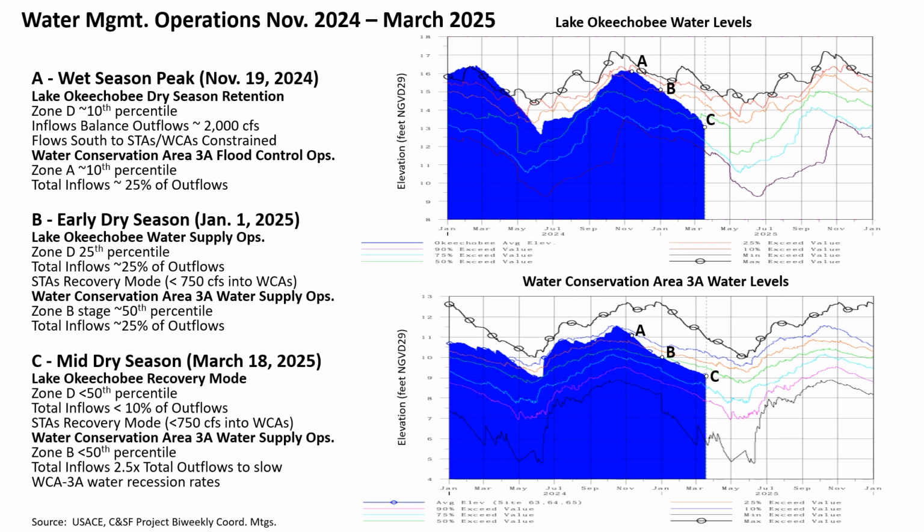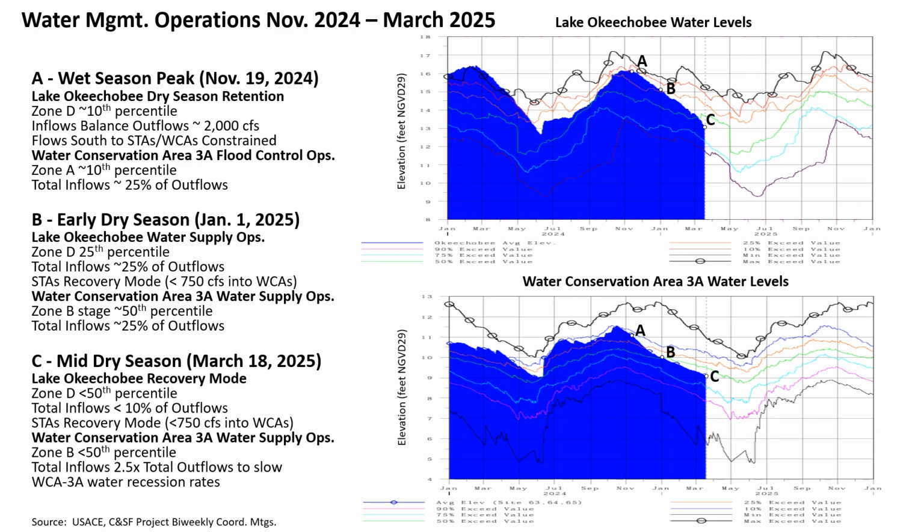Water management operations were forecasting a weak La Nina dry season, and lowering the lake into the recovery zone was contemplated. Lake Okeechobee inflows and outflows were nearly balanced, while outflows to the south were limited by high water conditions, with all three of the water conservation areas in Zone A, or their upper regulatory zones.